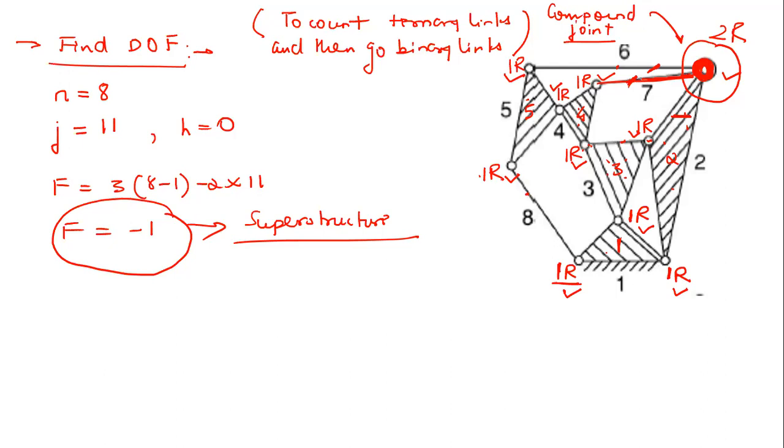The negative degrees of freedom simply mean that it will remain a structure only, right? To make the distinction between negative degrees of freedom and 0 degrees of freedom, we refer to it as superstructure. Otherwise, it is simply that there will be no relative motion between the links. The simple physical meaning is this one, right?